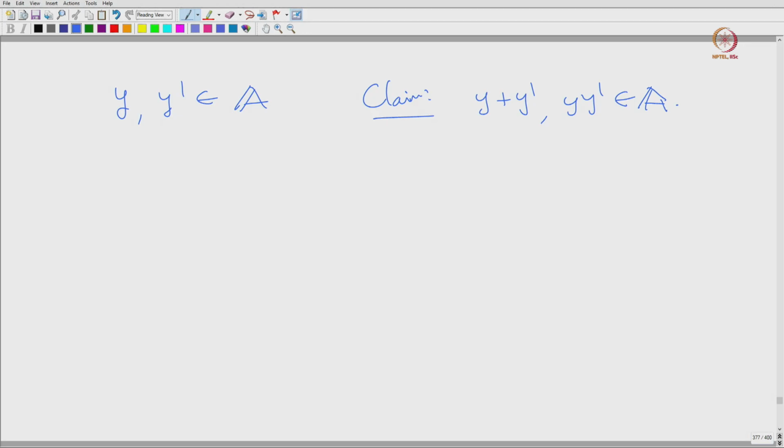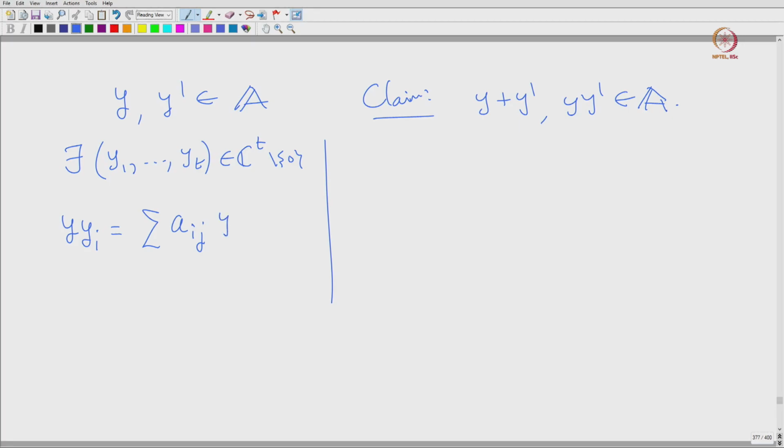Given y, there exist y_1 etcetera y_t, not all of them 0, such that y y_i is a linear combination of y_j's. This is exactly an integral linear combination, that is the most important thing. This is true for each i.